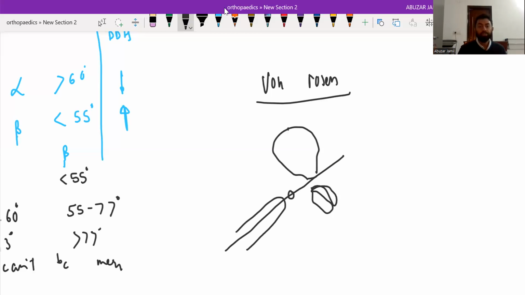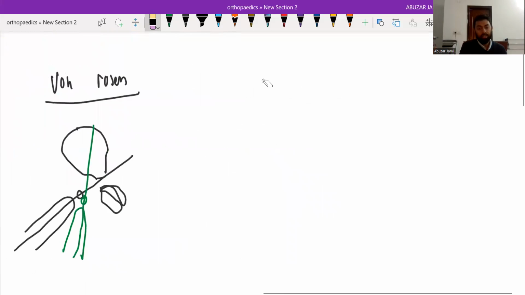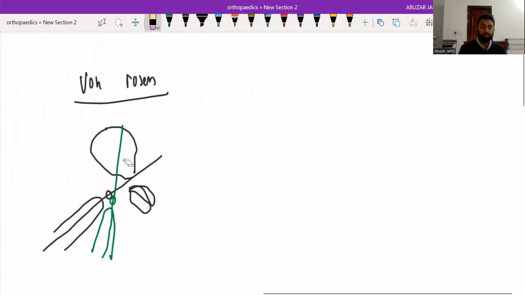But in a patient of DDH, it goes away from the acetabular area.